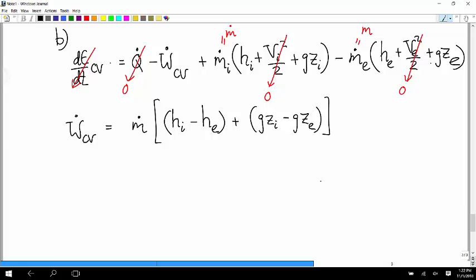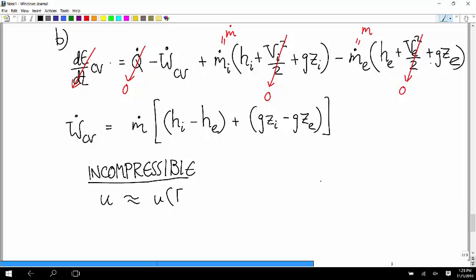Well, if we know the temperature, we could look it up in a table, but we could also, if we assume that this liquid is incompressible, well, incompressible means that the internal energy is just a function of temperature.